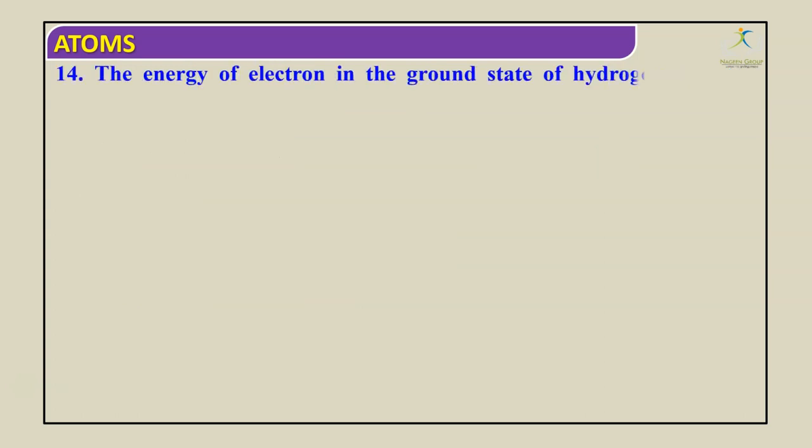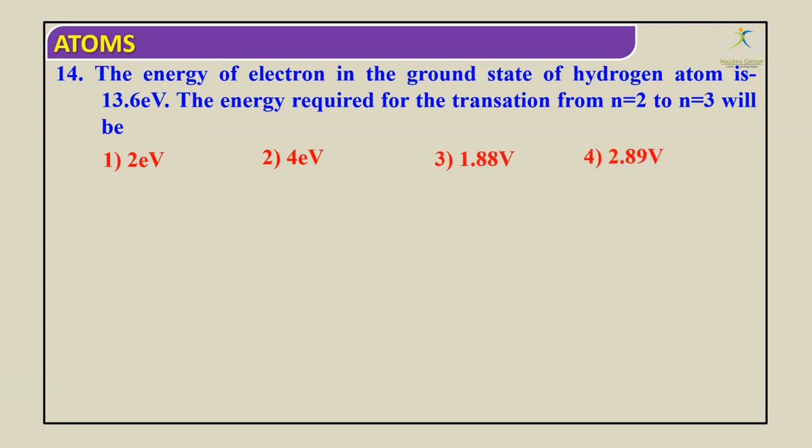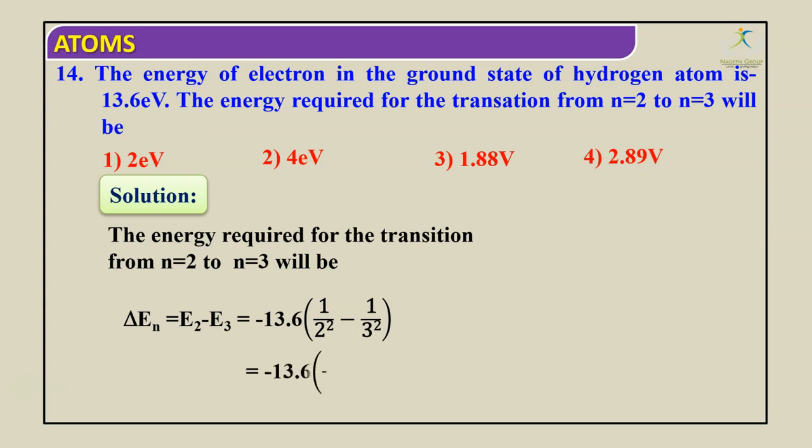The 14th question: the energy of a hydrogen atom in the ground state is minus 13.6 electron volt. The energy required for transition from n equals 2 to n equals 3 will be: 2 electron volt, 4 electron volt, 1.88 electron volt, 2.89 electron volt. The solution: the energy required for the transition from n equals 2 to n equals 3 will be delta E, which is E3 minus E2, equal to 13.6 times (1 by 2 square minus 1 by 3 square).